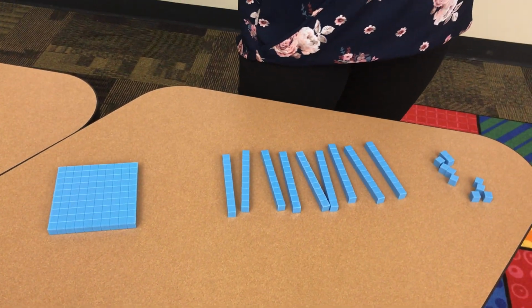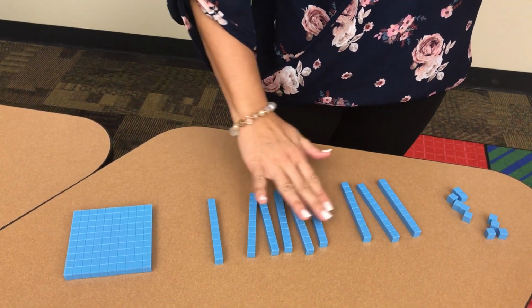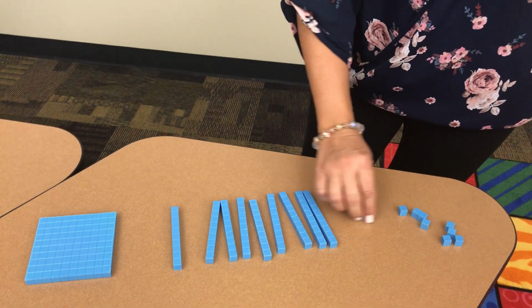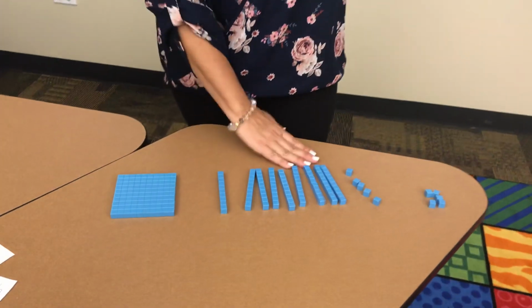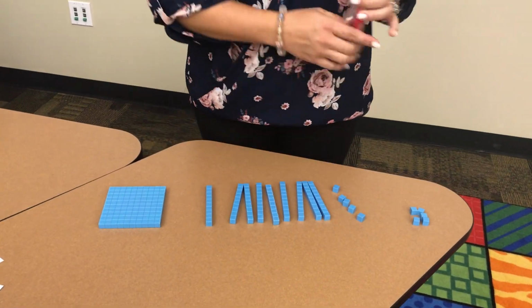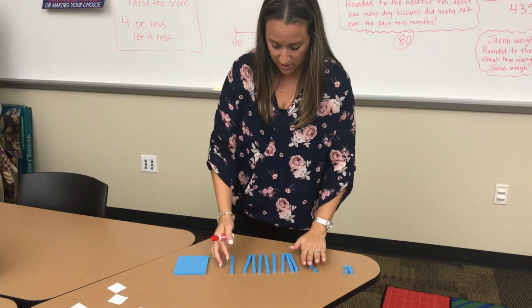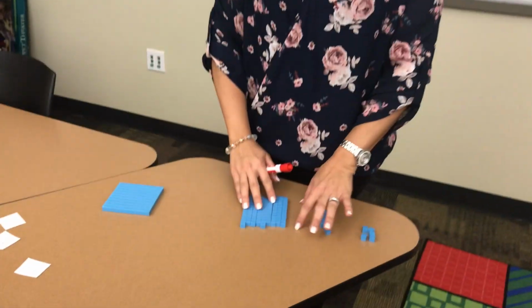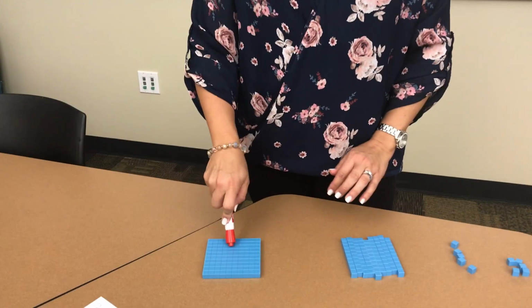So if Amy were to have 95, 10, 20, 30, 40, 50, 60, 70, 80, 90, and then 5 blocks, if it's 5 or more, we want to raise the score. So we could just take all of these away instead of adding another one to make 9, because this, with one more block, would just equal 1 block of 100.